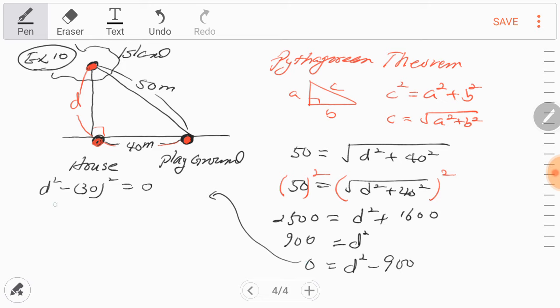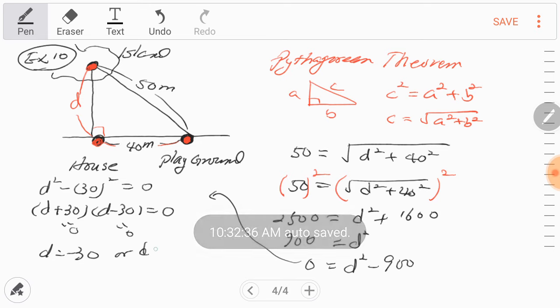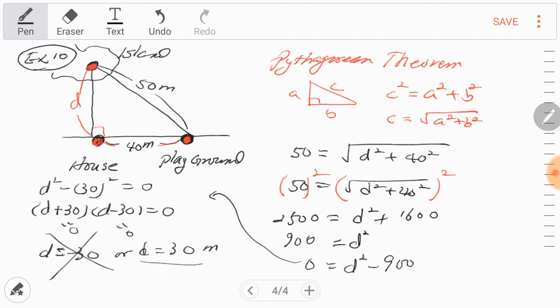Then this is a difference of squares, so (d plus 30)(d minus 30) is equal to 0. And then we set each factor to 0. Then d equals negative 30, or d equals 30. In this case, the distance is always positive, so we'll eliminate negative 30 from the solution. So d is what? 30 meters.